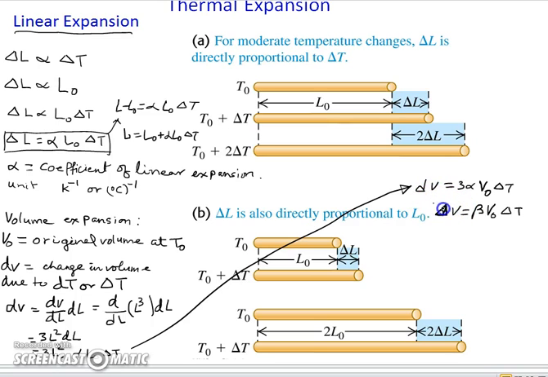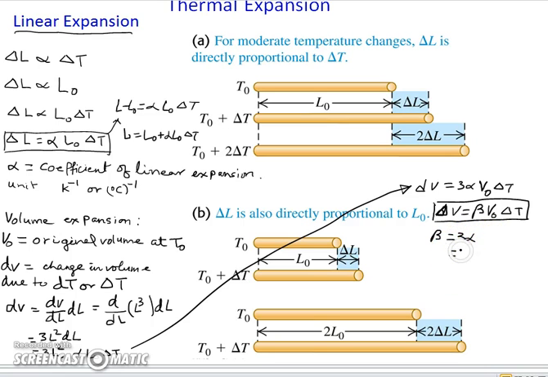Or I can write it delta V. This is just a symbol, whichever symbol we use. So we can say change in volume is equal to beta V naught delta T. What is beta? We just saw we replaced beta for 3 alpha, and alpha was my linear expansion coefficient. So beta is 3 times the coefficient of linear expansion, and this one has a name.